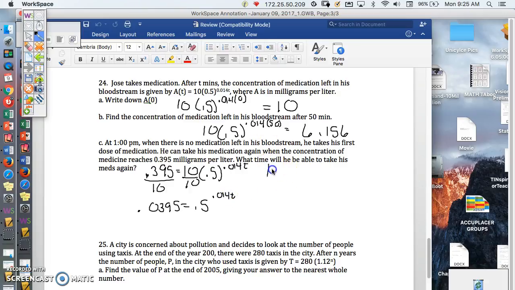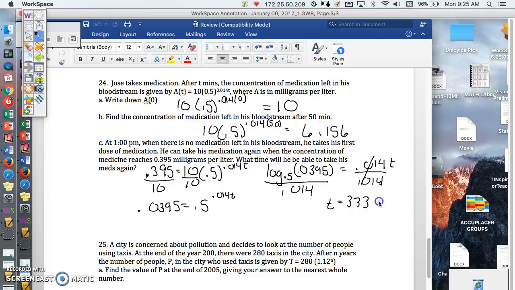Change it to a log. So log base 0.5 of 0.0395, lots of decimals here, equals 0.014 t. And then we divide all of this. So we end up with t equals 333.